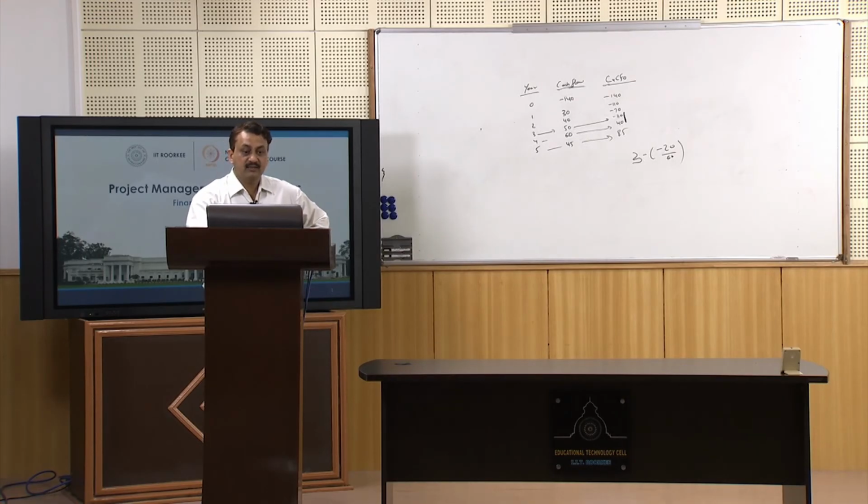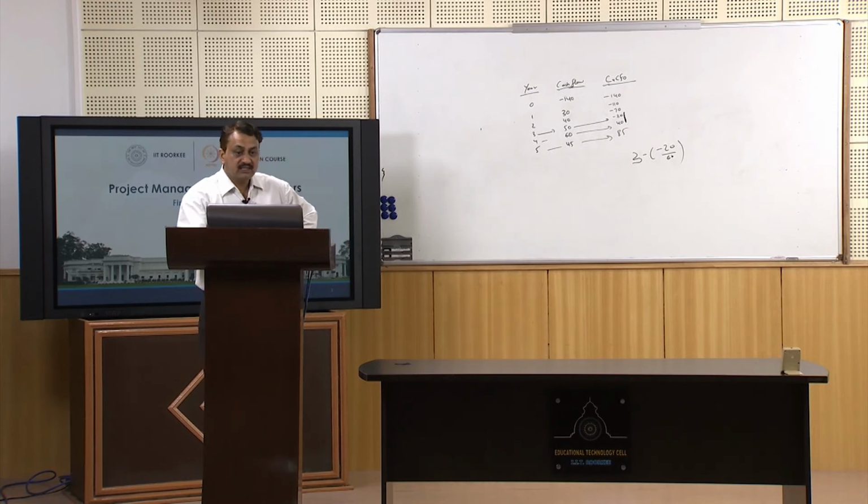So the payback period for the first is 3 minus 20 by 30, for this also 3 minus 20 by 30, and for this also 3 minus 20 by 30. So the payback period is exactly the same in all these 3 projects. Now how would you decide which is the best project?